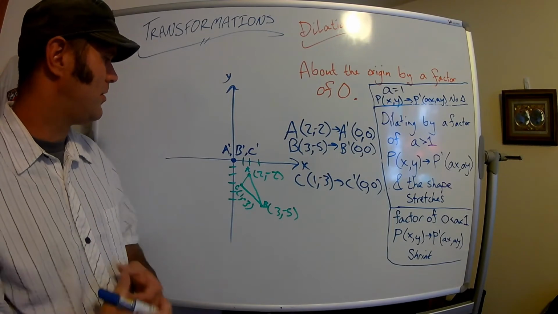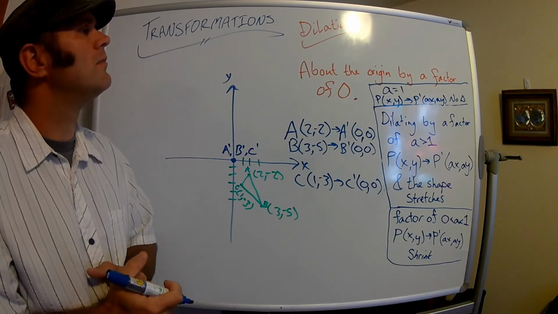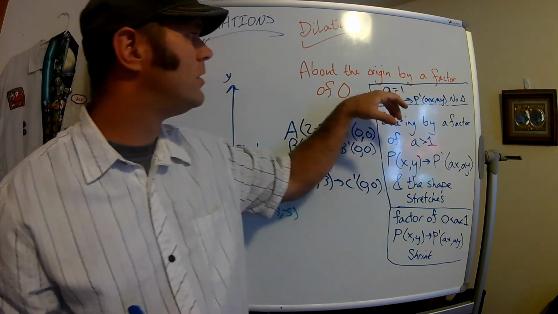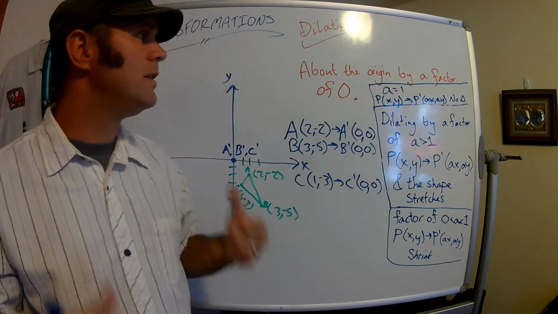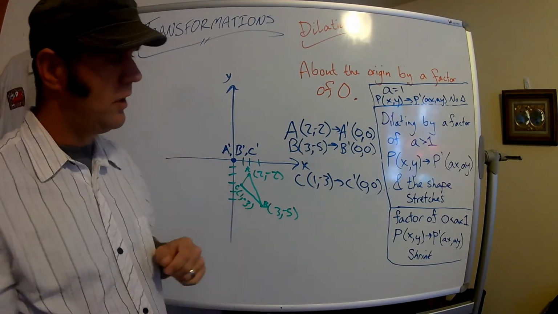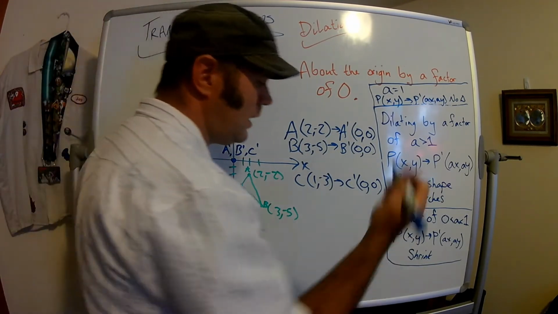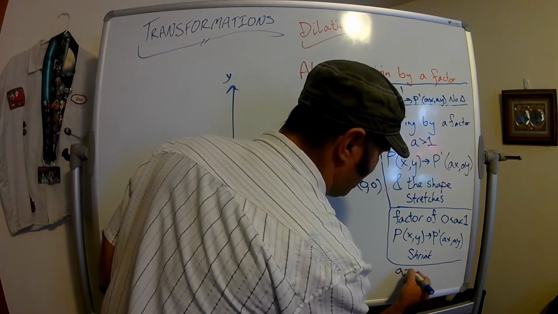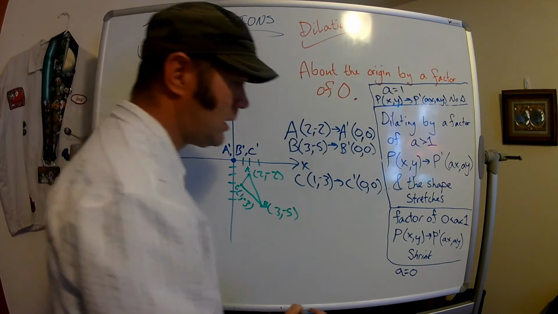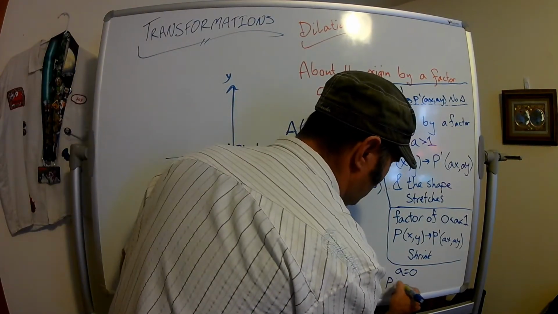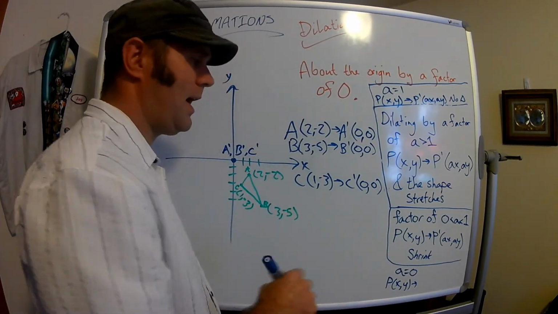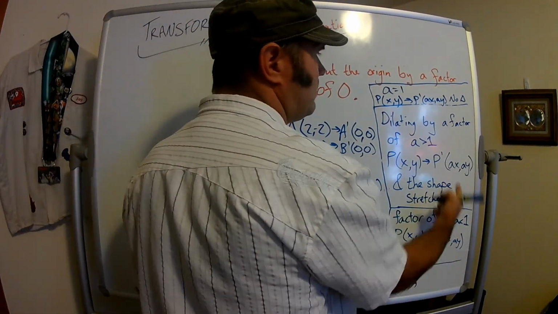So it's another kind of boring one, kind of like when you shrink or stretch by a factor of 1, nothing happens. In this case, everything goes to 0 and shrinks to nothing. So it's kind of silly, but we can still write it. So when a is 0, we shrink. P of (x, y) does become P of (ax, ay), just like all of them.